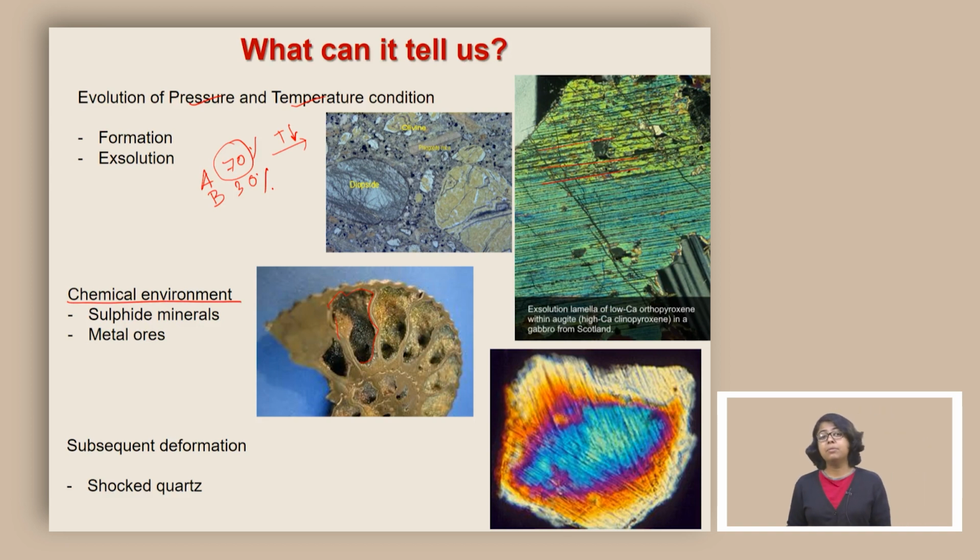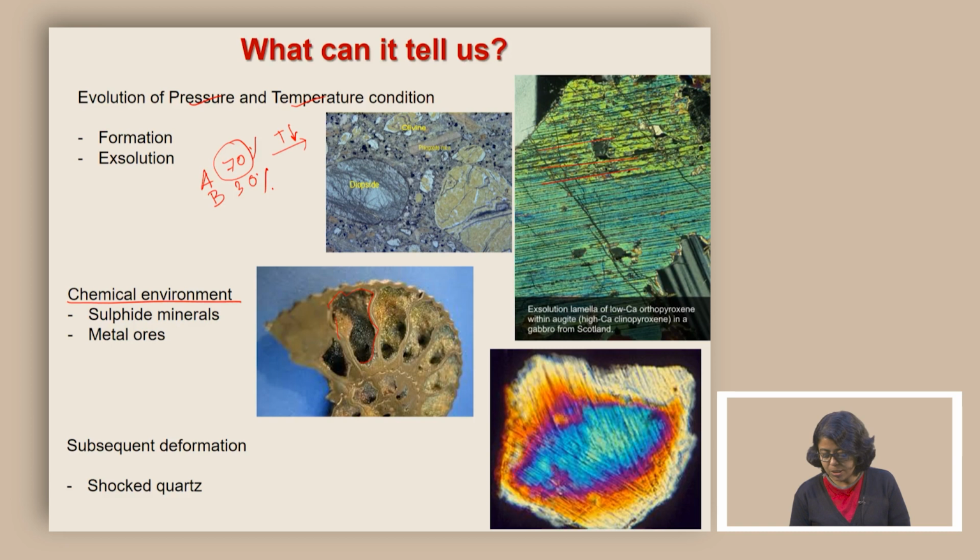So, it also tells us something about the chemical environment. Then there are examples of minerals which have gone through severe changes in condition. Maybe they were shocked by a large impact. In those cases, that also changes their optical property. This is an example of a quartz. Quartz under microscope is generally gray in color.